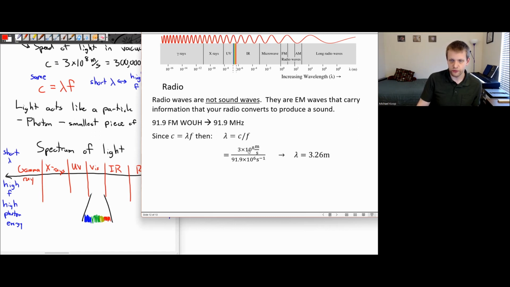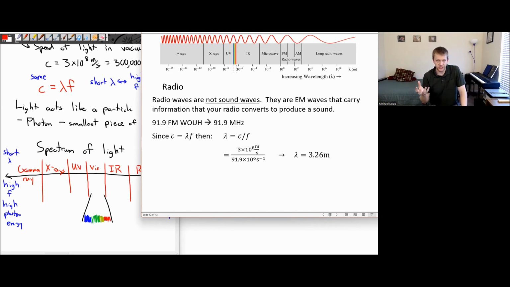So we've got 3 × 10⁸ meters per second divided by 91.9 million hertz, or million cycles per second. And if you run through the numbers, you'll get a wavelength of about 3.26 meters. So that would be approximately the width of this room.